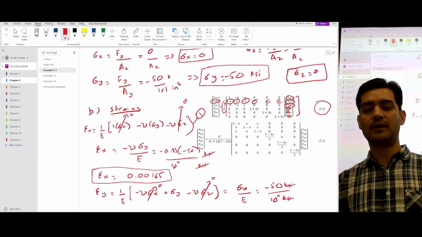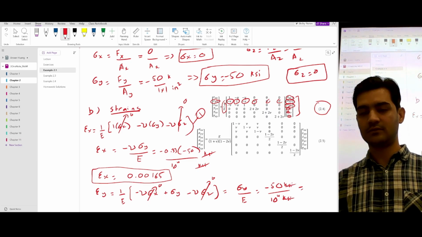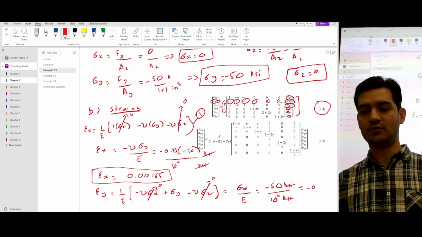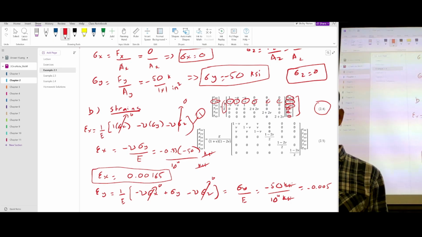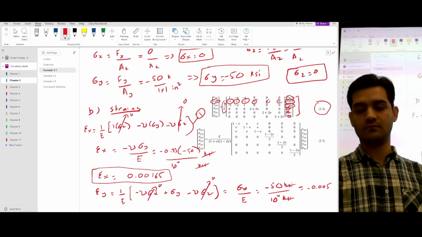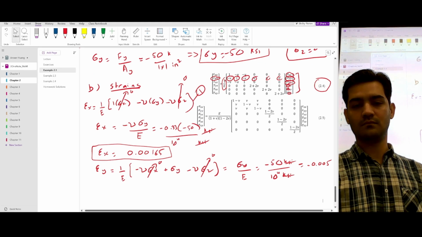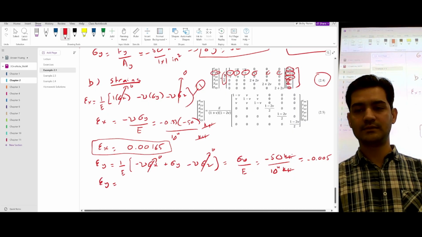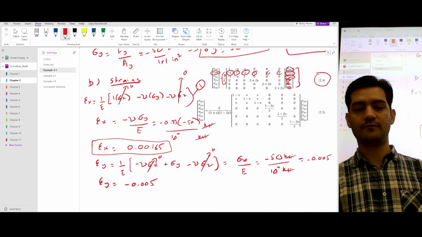So the value of strain is negative 0.005. So the strain y is negative 0.005.